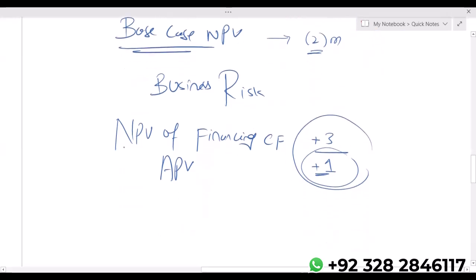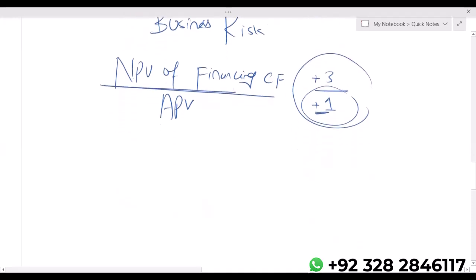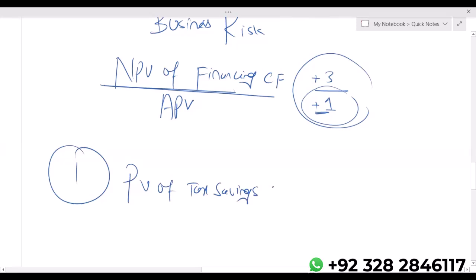Now, student, please listen very carefully. The explanation of NPV of financing cash flows: what actually comes in the NPV of financing cash flows? Number one, present value of tax savings from interest payments.